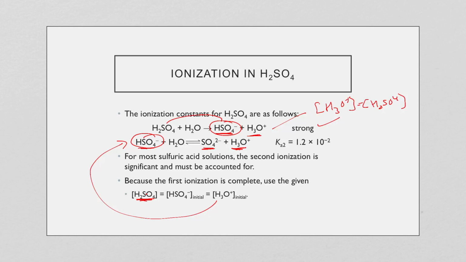So when you set up your ICE table, instead of this initial being 0, it's going to have an initial concentration coming from here. You can't have this as 0; you have to have it as whatever is produced here. Then you can solve this equilibrium, and that'll give you the overall hydronium ion concentration after the second equilibrium.